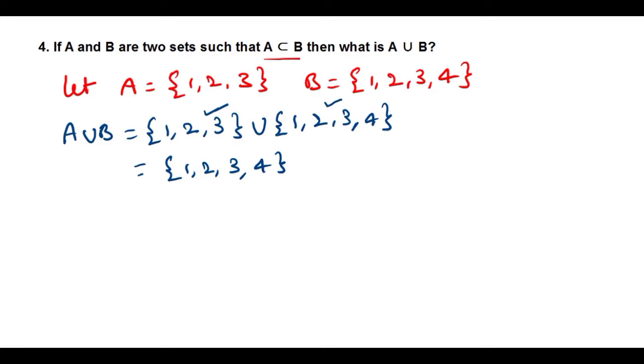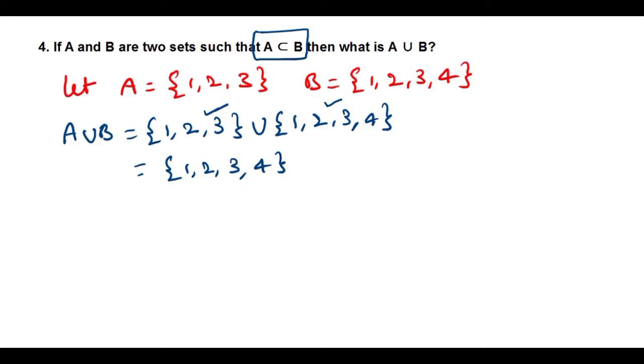So what did you observe here? Why have I taken A as 1, 2, 3 and B as 1, 2, 3, 4? They gave the condition A subset B. What is the meaning of A subset B? All the elements of set A are in set B. Then we call it A subset B. A is 1, 2, 3, B is 1, 2, 3, 4, then their union is again 1, 2, 3, 4.